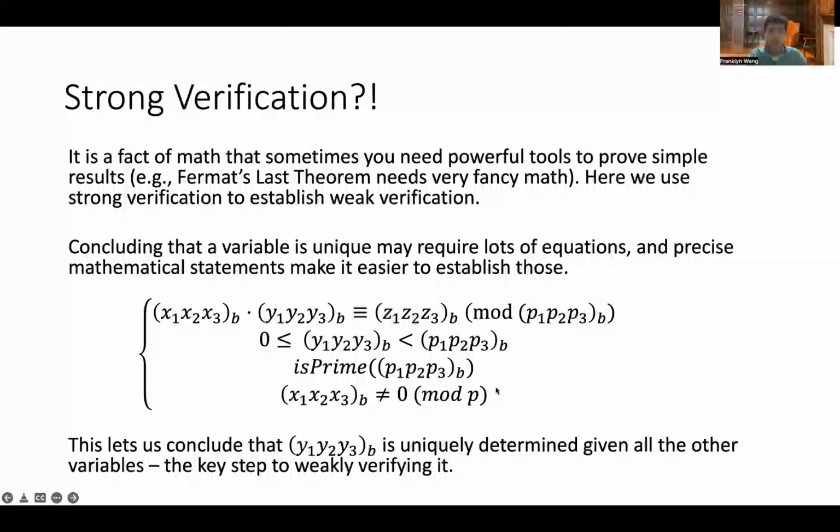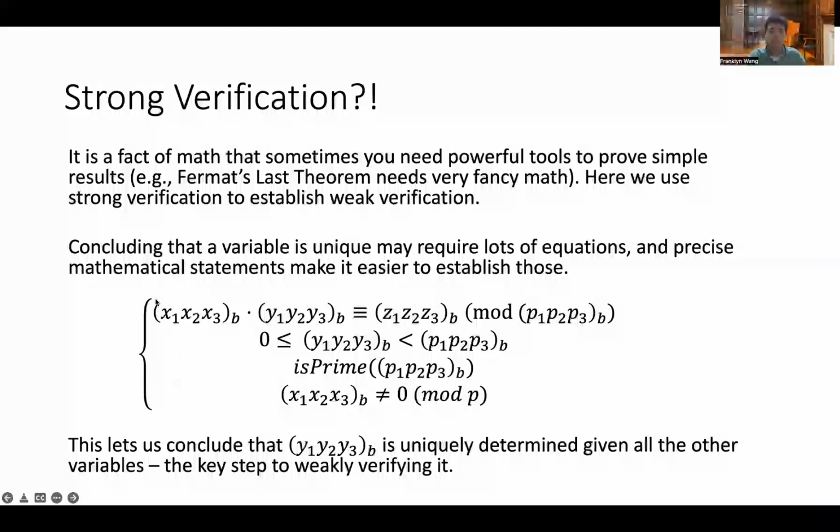The way you would get constraints like this is through strong verification combined with the prior knowledge I mentioned. If you have a multiplication mod p, which is something we depend on, you get this constraint. Likewise, if you have strong verification of big less than, you get this. You don't just get that z1, z2, z3 is uniquely determined given x1, x2, x3 and y1, y2, y3. You have that this formal mathematical expression is true.